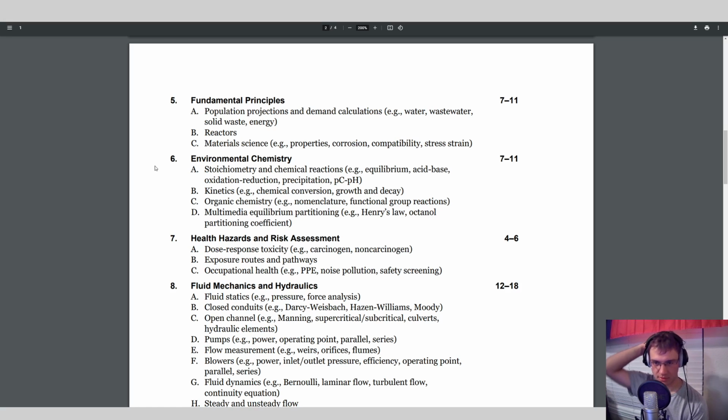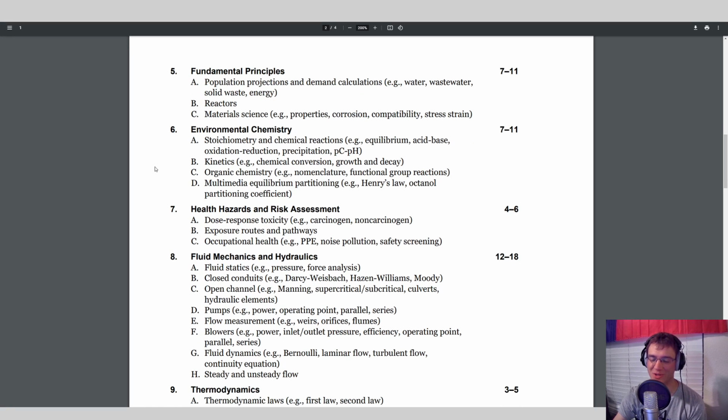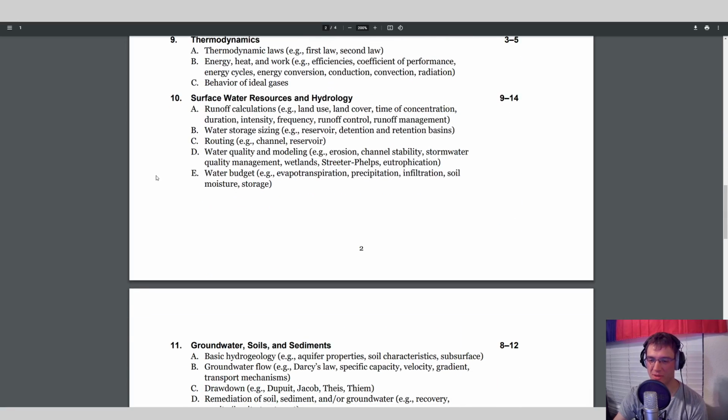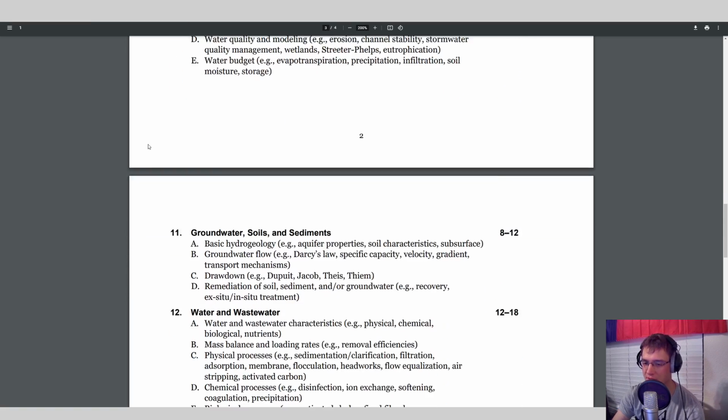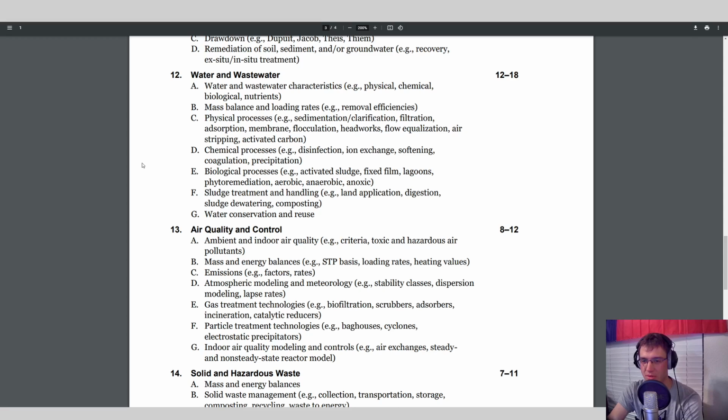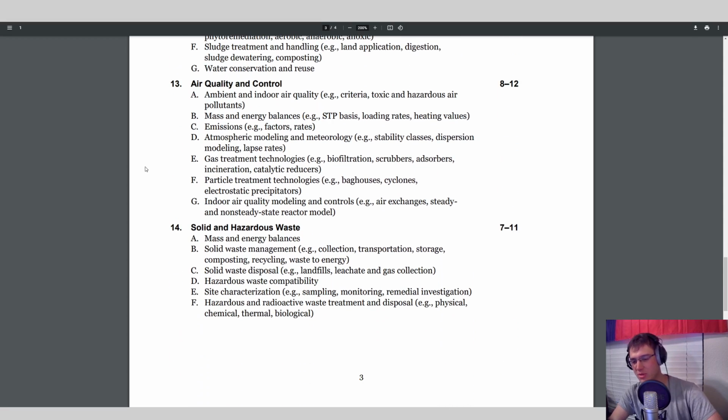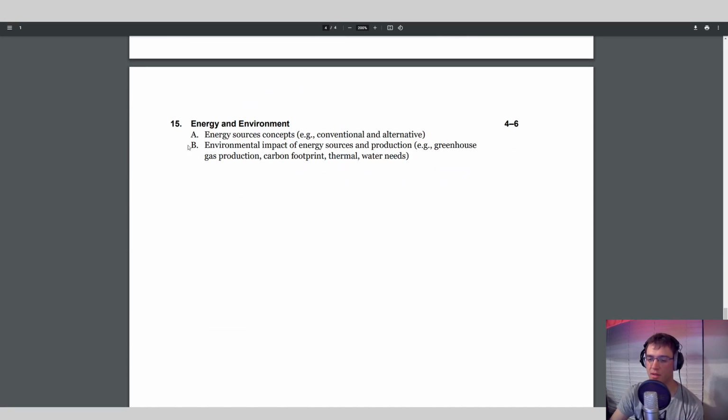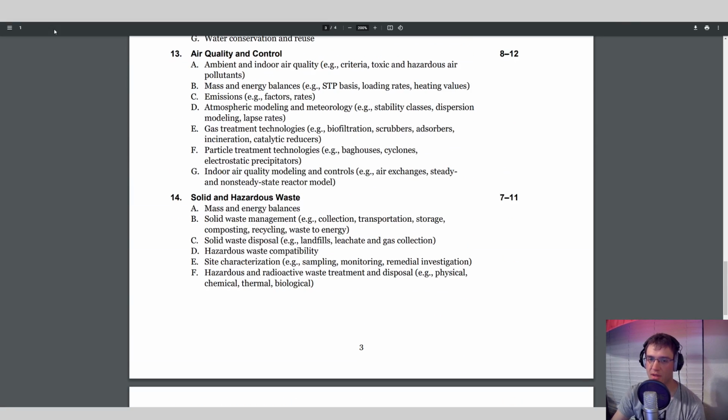Fundamentals and principles, material science, population projections, reactors, environmental chemistry, stoichiometry, health hazards, risk assessments, fluids and therms, surface water resources, and hydrology. So definitely, if you're going the environmental route, you need to spend a lot more time in the biology world. Groundwater, soils, water, wastewater, air control, solids and hazardous waste, and then just general energy and environment.